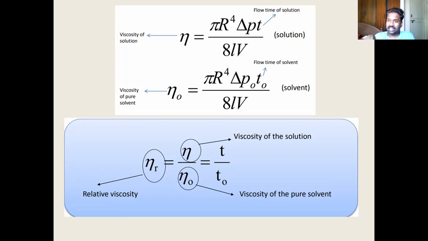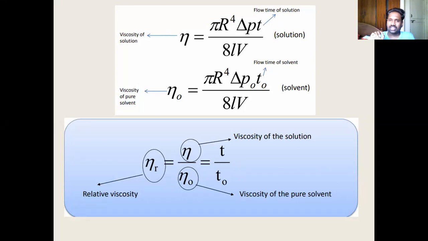Basically, viscosity there is calculated by measuring the time of flow between two marks in the instrument, right? You suck the liquid up, start the stopwatch when the liquid starts flowing from the upper mark, and stop it at the end to record the time of flow.